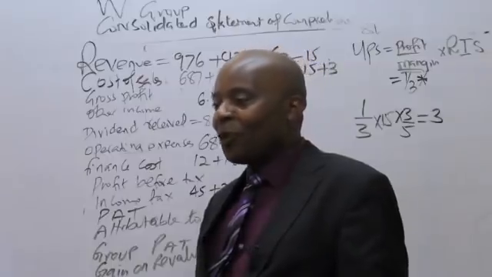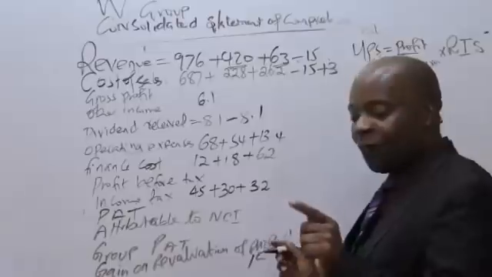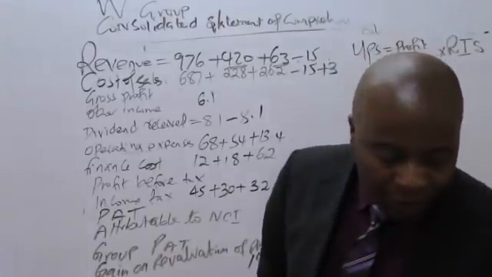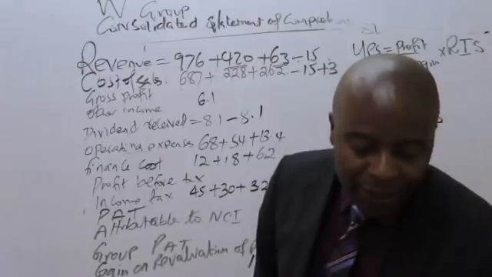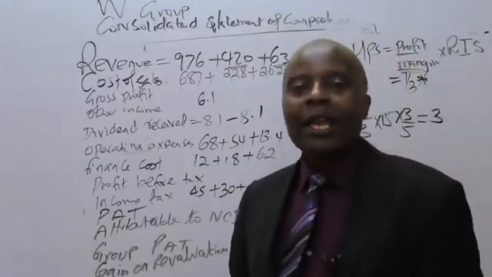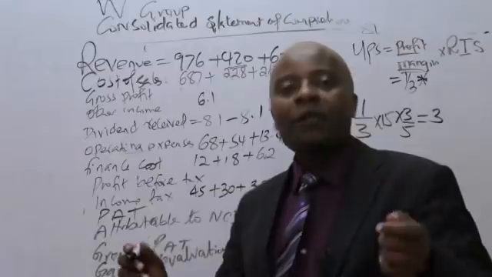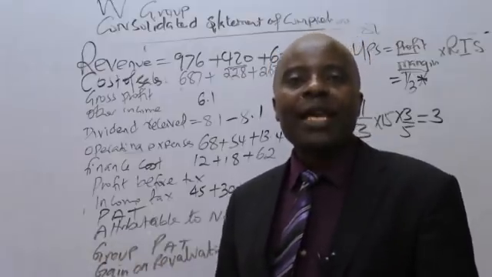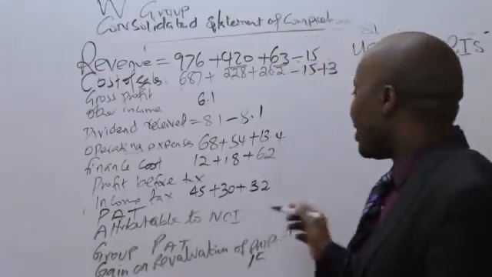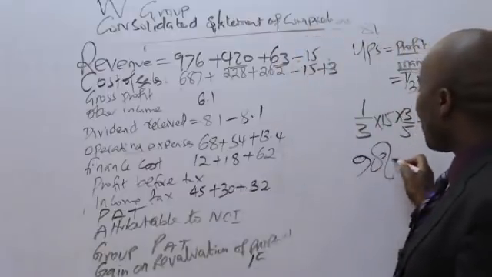How did I get 8.1? Very easy. You know F. Look at note number 3. W Limited owns what here? 90% of the equity shares of F. And whatever dividend F declares, W will be getting 90%. So 90% of the 9.